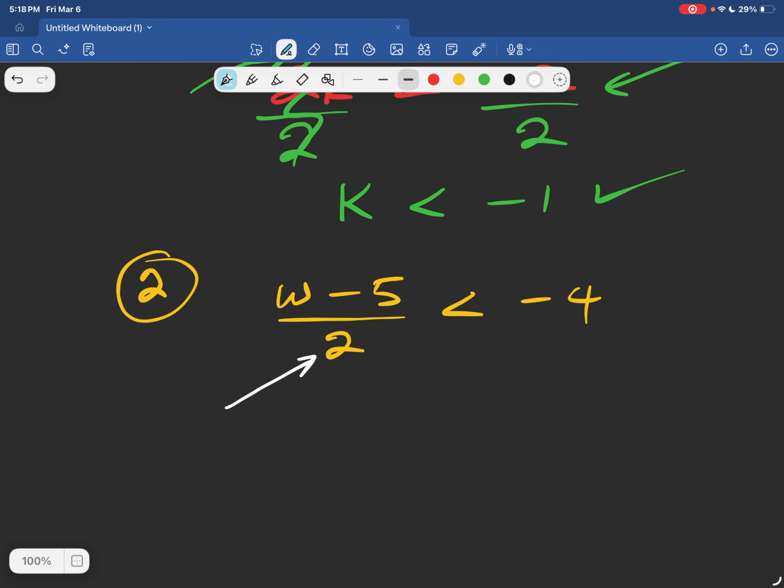So we are going to put a 2 right here, and we are going to put a parenthesis here to show that w minus 5 will be left on the left side after the 2 is gone, and we must recognize that the w minus 5 is what is there.